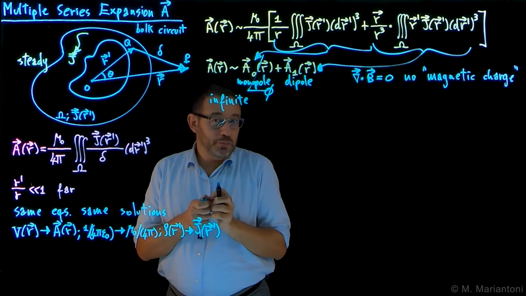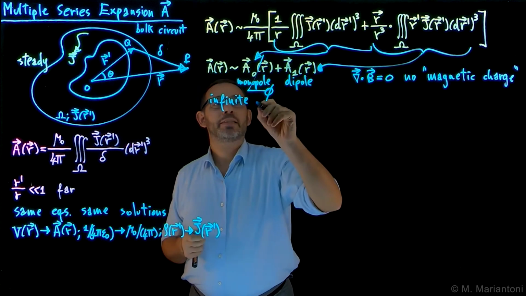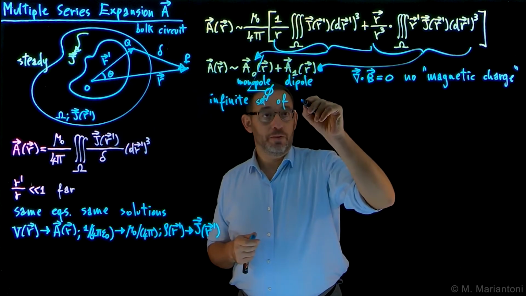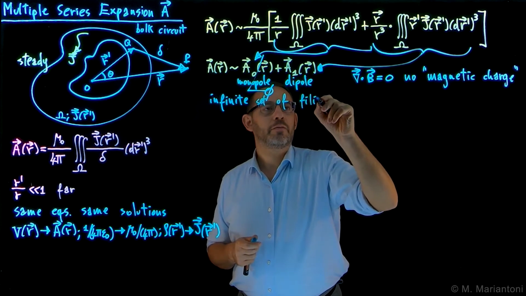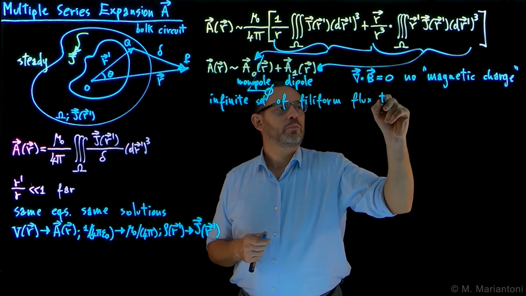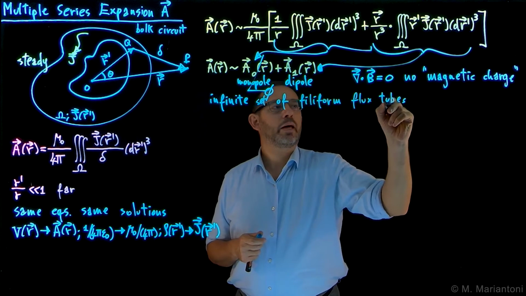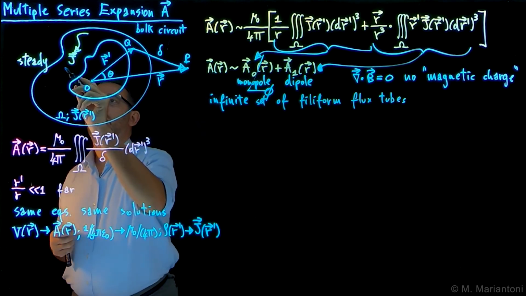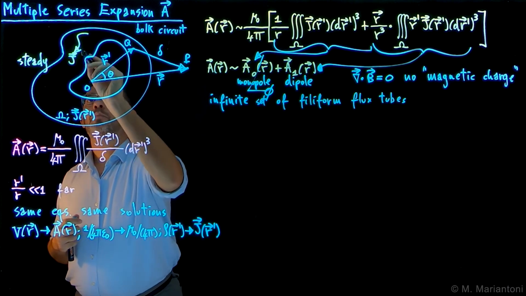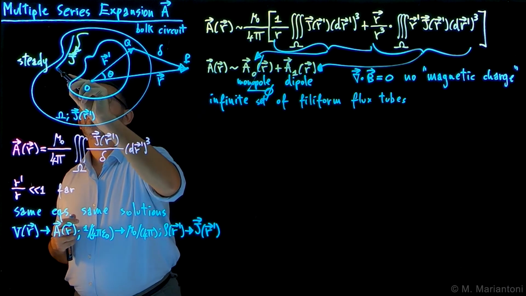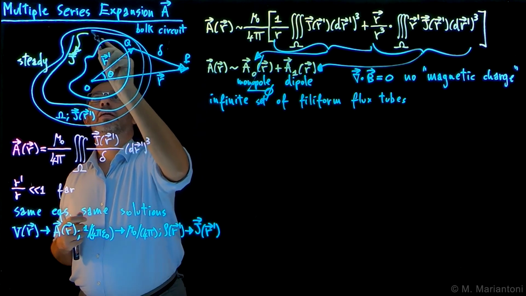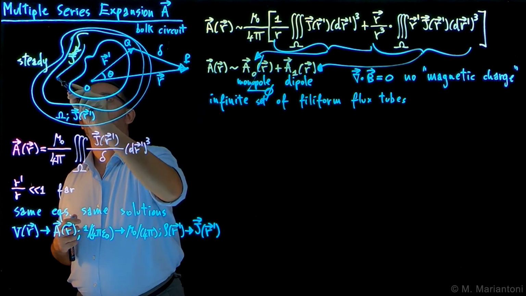So instead of having small cubes of charge, I have an infinite set of ideal filiform flux tubes, which are my ideal spaghetti, okay? And I'll show you one of them, at least part of one of them. So they have to be a closed circuit, right? So for example, they can be something like this. This can be one of these spaghetti, okay?